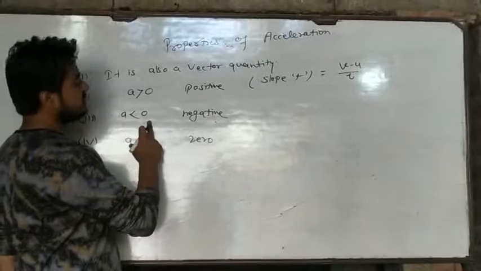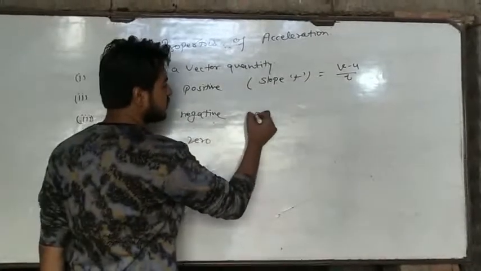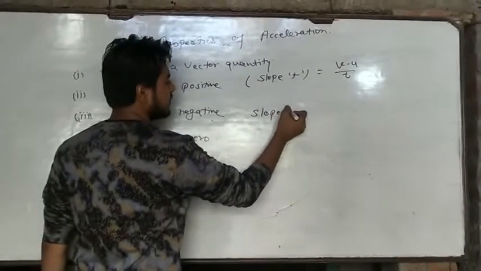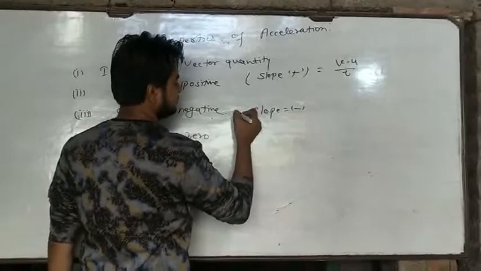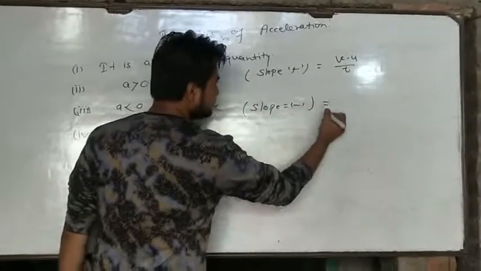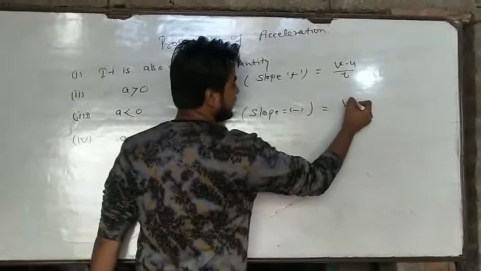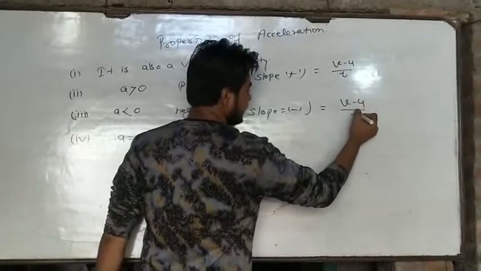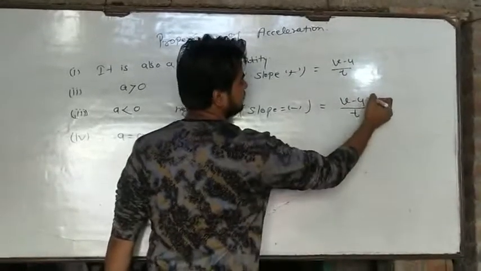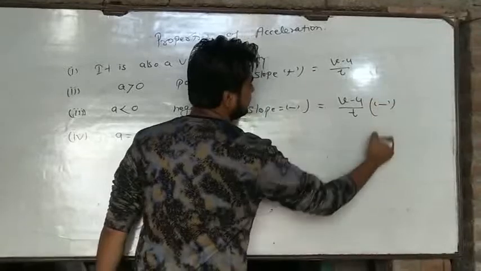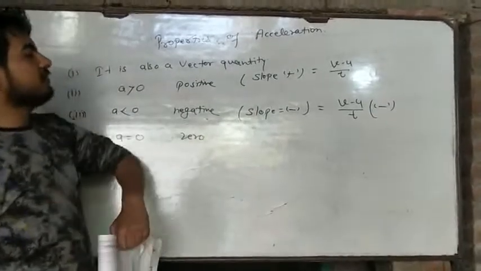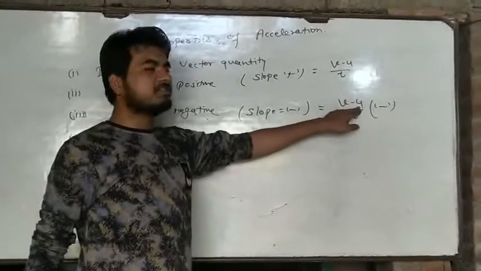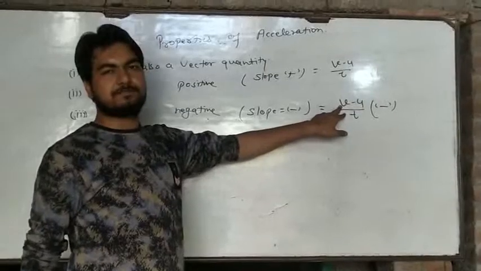A less than 0, negative, means slope is negative, means v minus u upon t is negative, means the initial velocity is greater than final velocity.